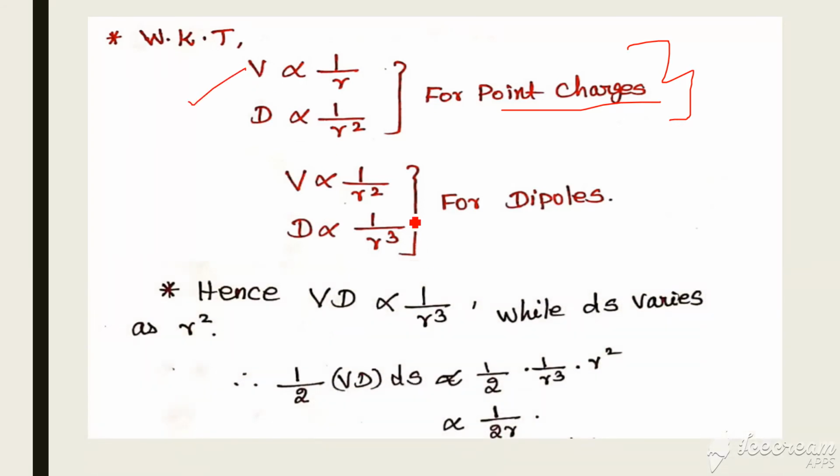So V D is proportional to, simply multiplying these two, 1 by R cube, while ds, that is surface area, varies as R square. Now substitute these two values, the V D value and the ds value, in the previous expression, that is one of the terms, 1 by 2 V D into ds. While solving this we get 1 by 2R. So this 1 by 2 V D into ds is proportional to 1 by 2R.